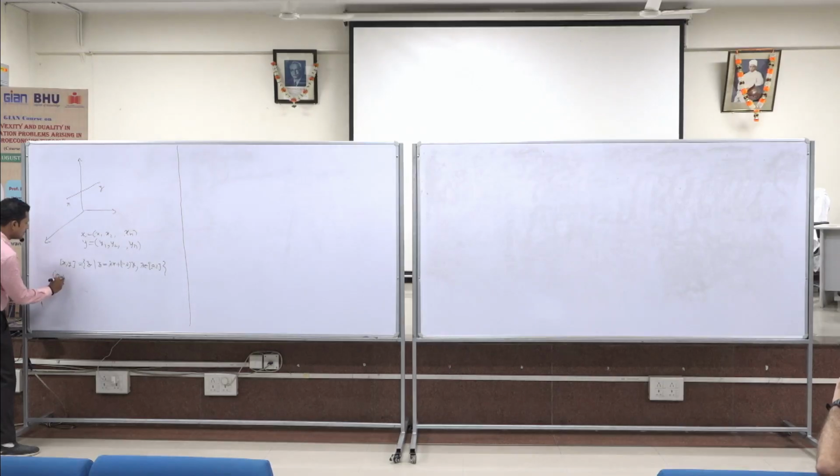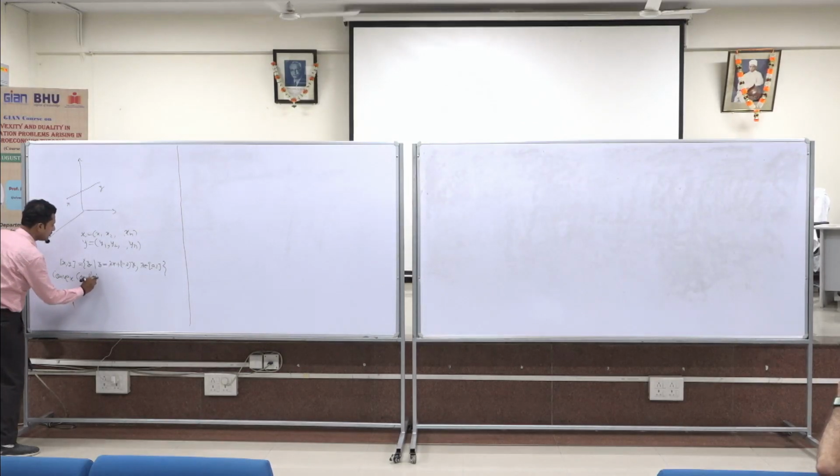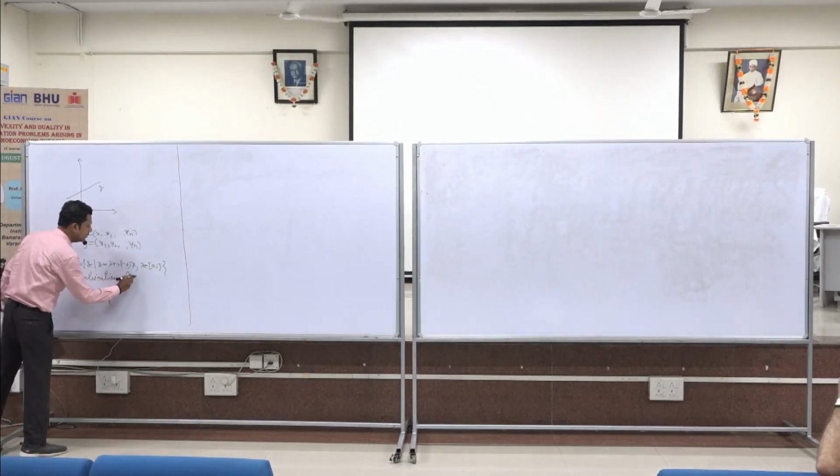So this is the convex combination of x and y.